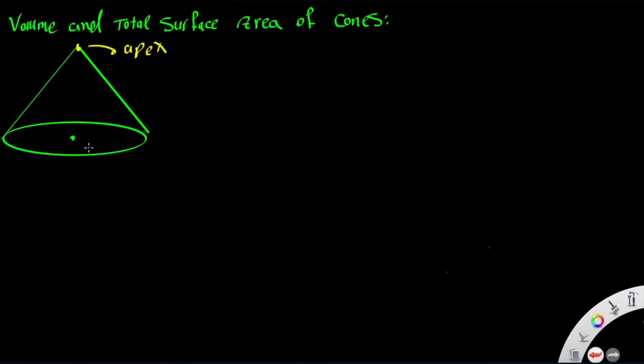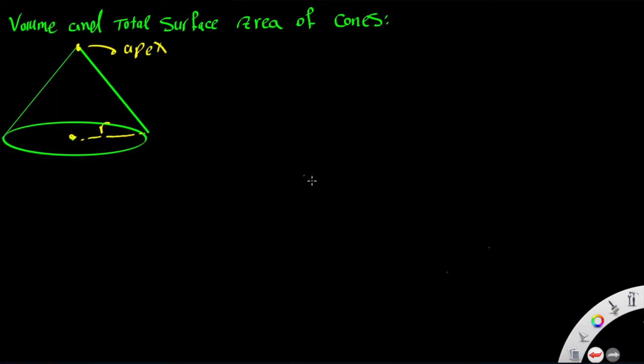Now, the base of the cone is of the shape of a circle, and this is called the radius, the base radius. In this chapter, we mainly focus on right cones. What is a right cone? If the apex is vertically above the center of the base of the cone, it is called a right cone.